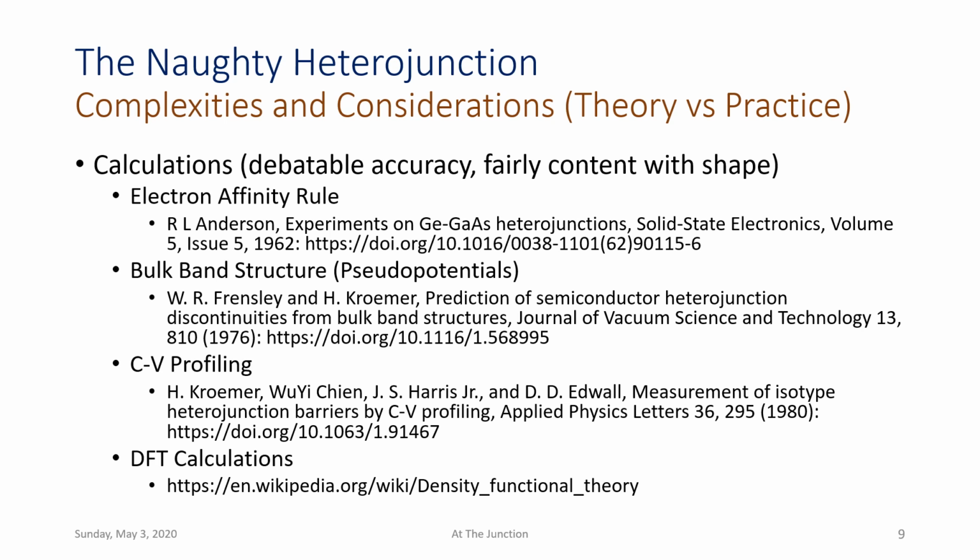Another method introduced by Kromer et al. in 1980 was to make use of a numeric capacitance voltage profiling for the heterojunction to measure the band structure. And additionally, we have the density functional theory DFT calculations that could help form the structure of the heterojunction.